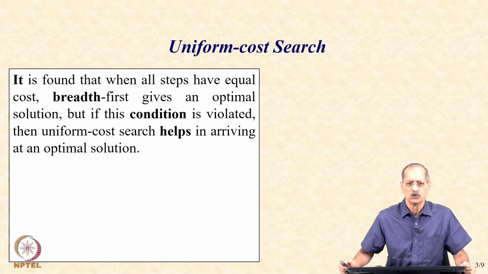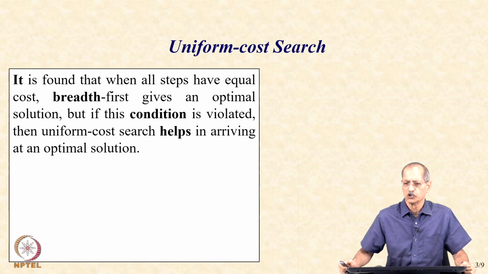Now, there is another attribute which we need to look at. Every time we expand a node or take a step, there is going to be a cost attached to it. It could be in terms of effort, it could be in terms of time taken.